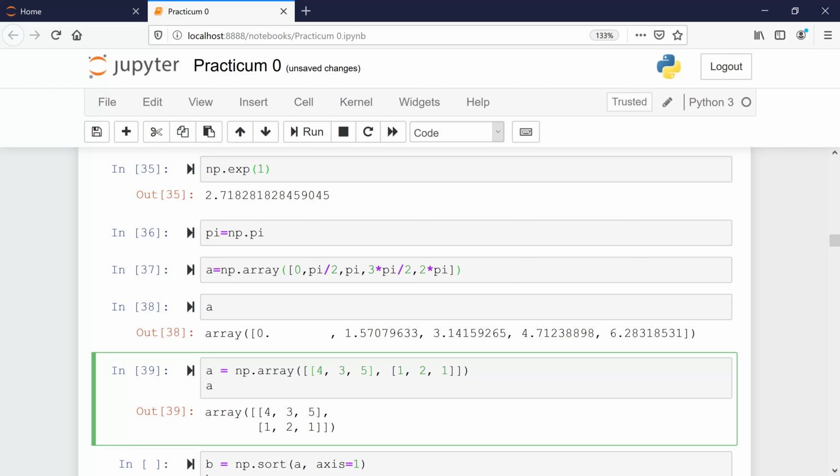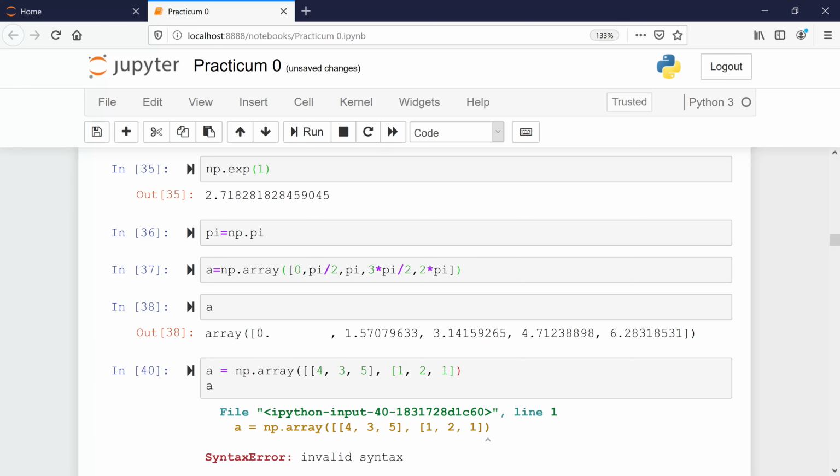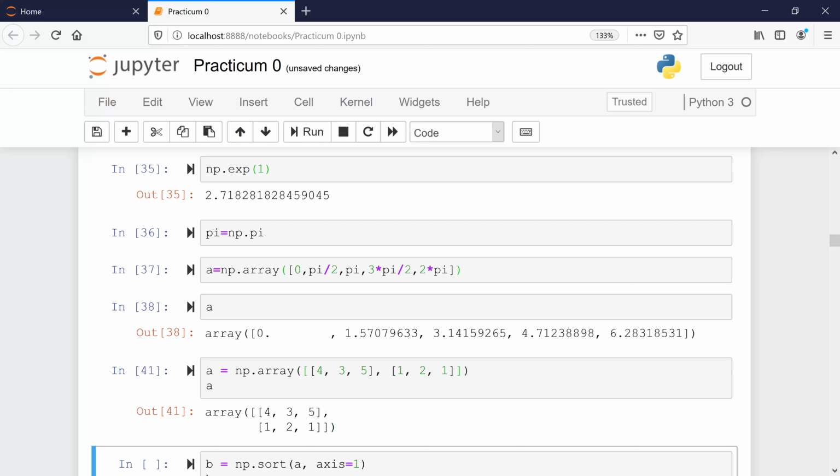It's very sensitive. If you forget, let us say, one bracket, you get an error. Okay, so it's only normal that you get errors in the beginning. So now A is a matrix 2 by 3. Of course, try to invent a matrix 3 by 3 or 4 by 4 or anything you like.